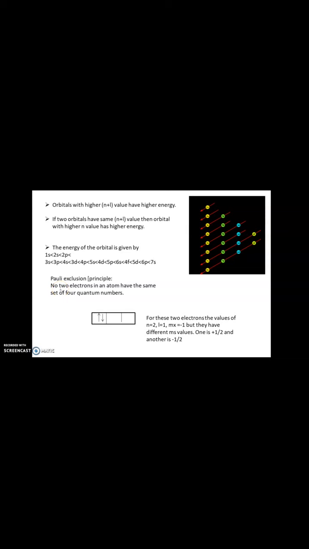Now, as we have discussed, the orbitals under same n value will have the similar energy, correct? Now, since we have now realized that electrons in different orbitals are differently attracted by the nucleus, according to that concept, different orbital electrons will have different energy.